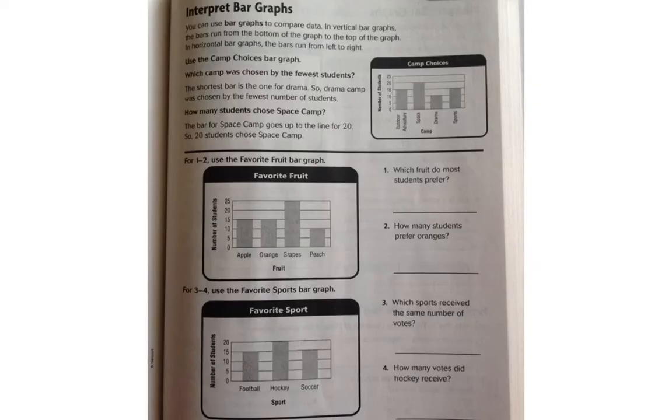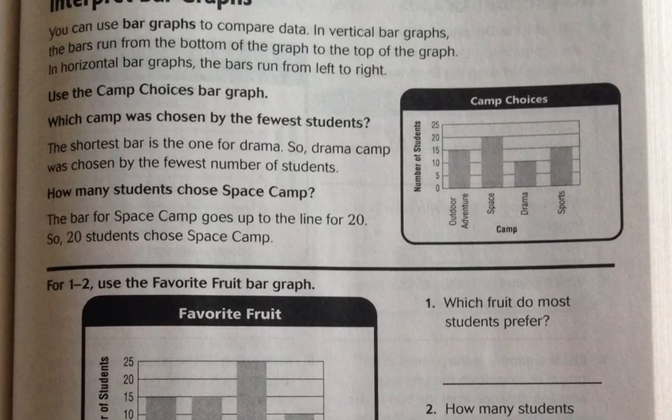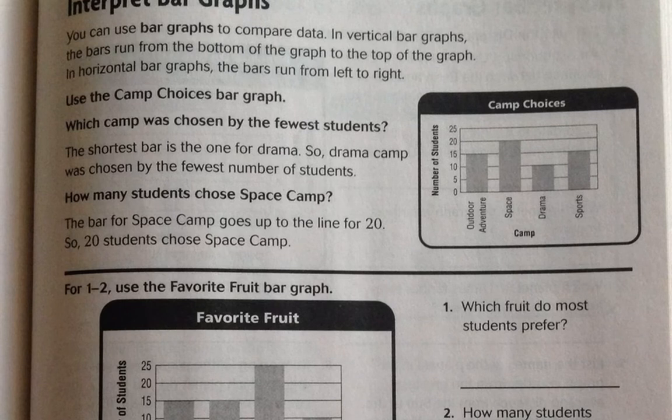Alright, so let's take a look at some practice examples from our book. In our example, we've got camp choices. It says you can use bar graphs to compare data. You might want to remember that because that's important.